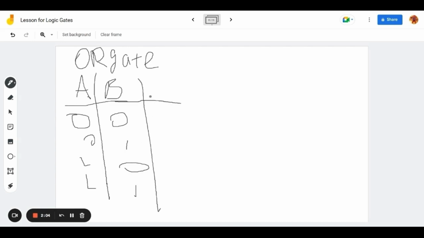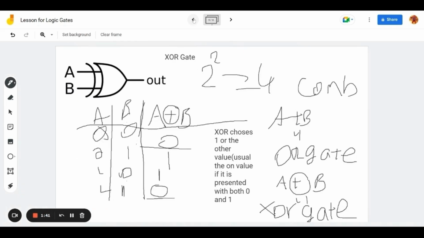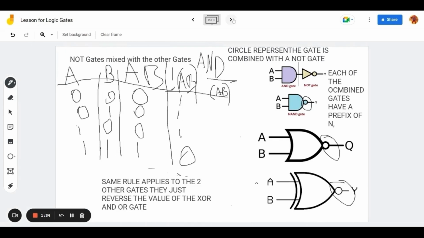We would add them together to get 0, then 1 plus 0, 1 plus 0, and 1 of something else, as we've talked about earlier. All the NOR gate does is reverse the value. As you can see, this value is the same as the OR gate. Just reverses the value.